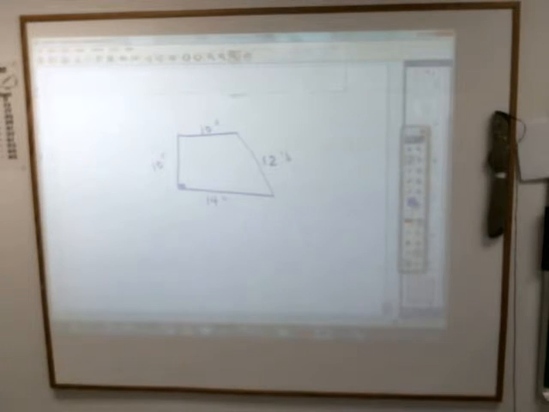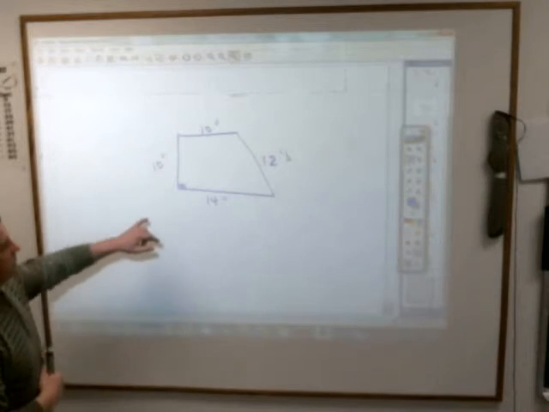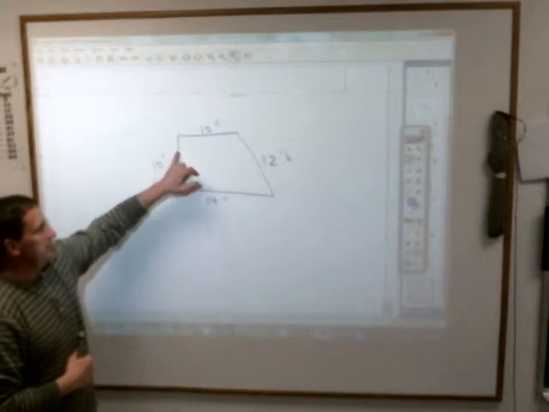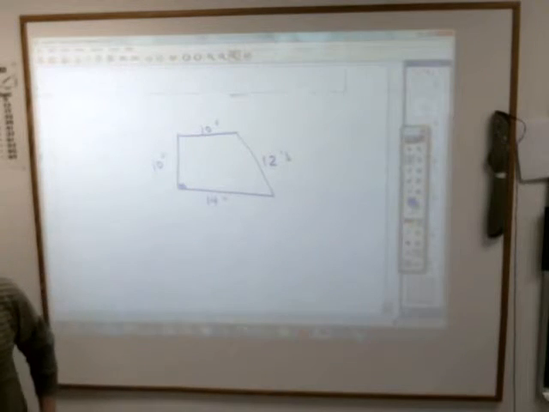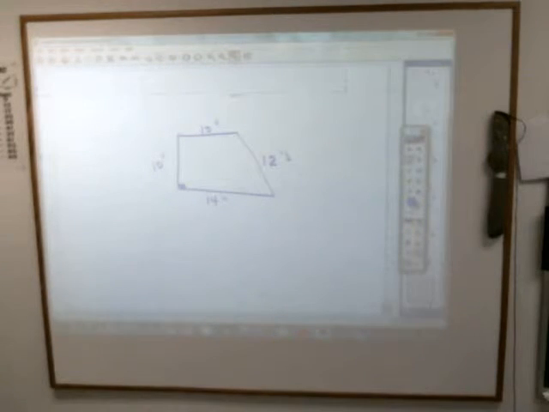Do I have all the info I need? I do, because of this little square corner here, I do know the height, it has to be perpendicular to one of the bases, and it is, so go ahead. I will give you the chance to do this problem.